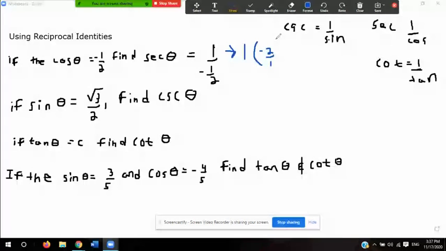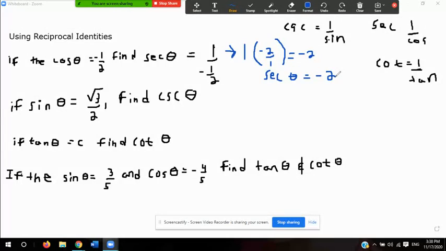So 1 times negative 2 over 1 equals negative 2, which means that the secant of theta equals negative 2.